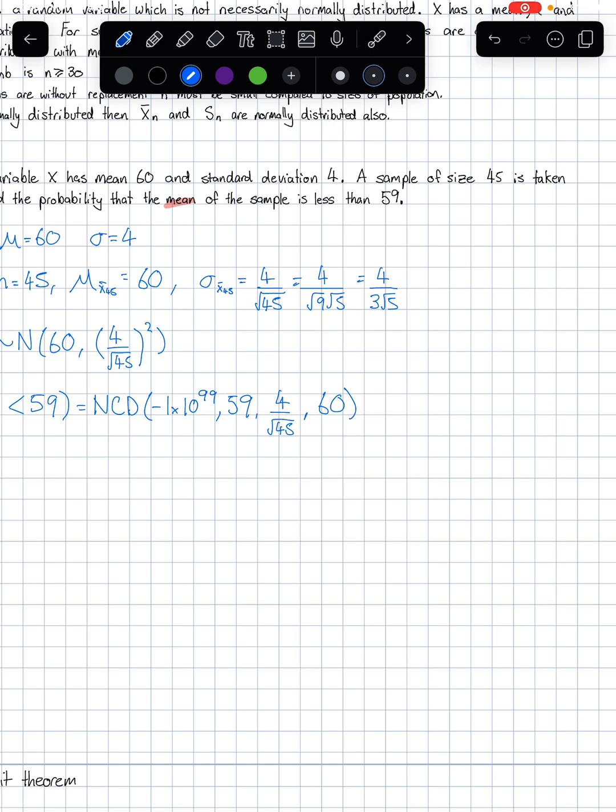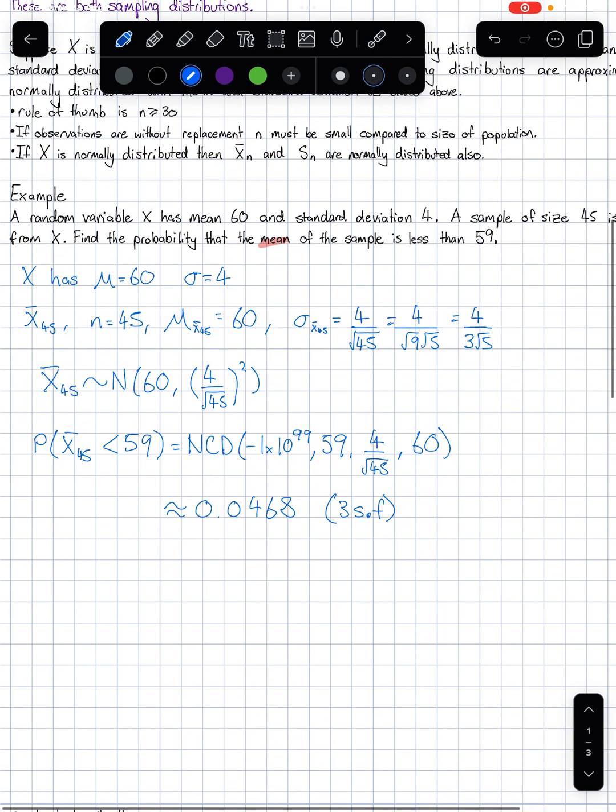So we end up with approximately 0.0468, to 3 significant figures. And that's our answer there for that one.